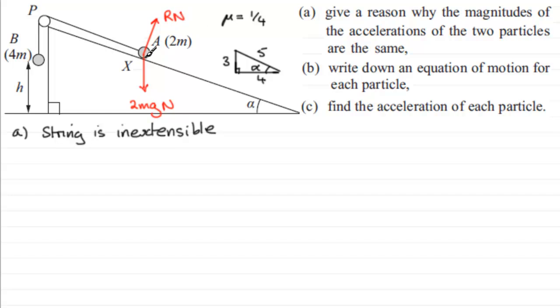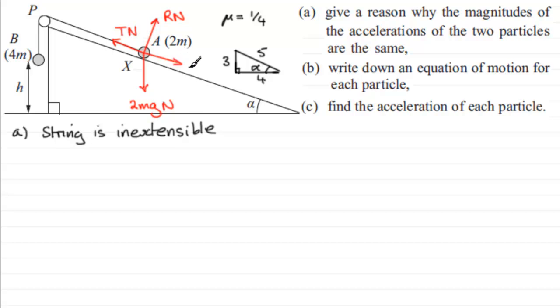There's also the tension pulling it up the plane. As B moves down, A goes up the plane, and so we'll put a tension in there, call it T newtons. And because it's moving up this plane, which is rough, there's going to be friction that opposes motion, so it's going to be down the plane.